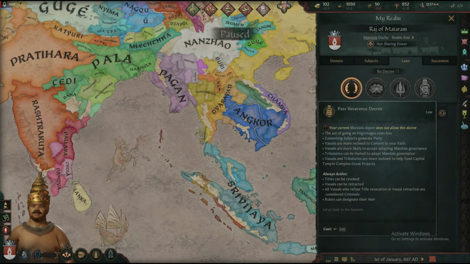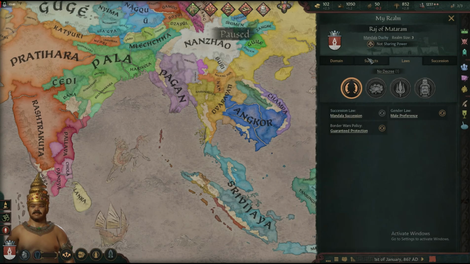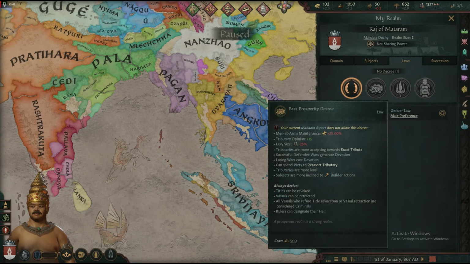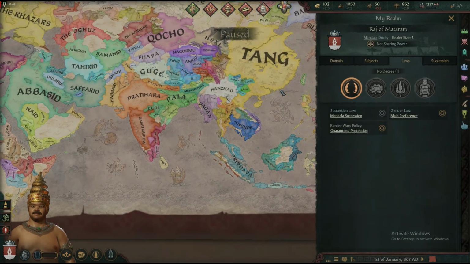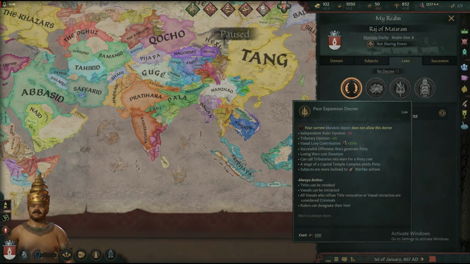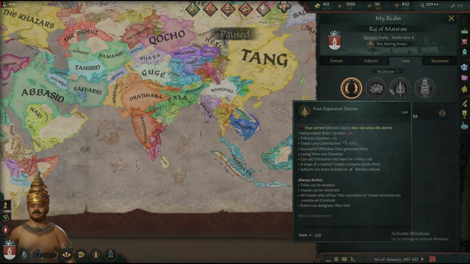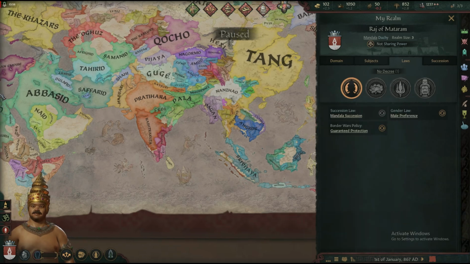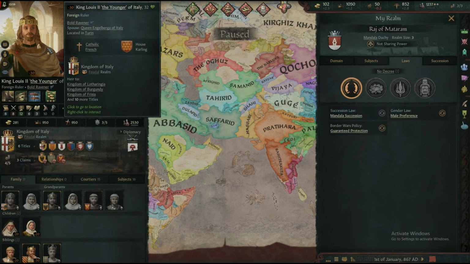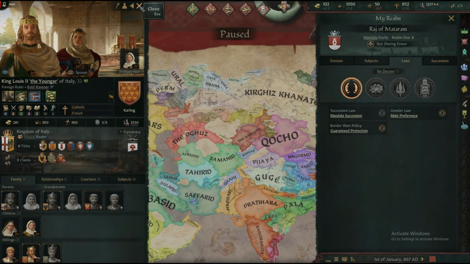But you also have these decrees here. We talked about them earlier. It's similar to Crown Authority, but you only get 1 decree, and it has set bonuses, and that's it. Whereas for someone like Italy, it's progressive bonuses.